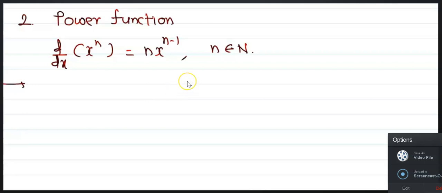If we take n to be real, that is n belongs to the set of real numbers, again we can find the derivative of that function also. But in this case, we are taking n belongs to the set of natural numbers.